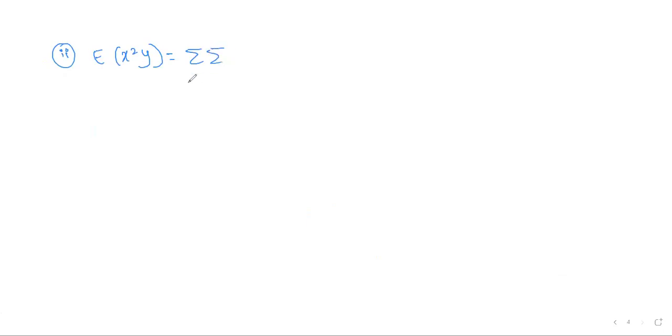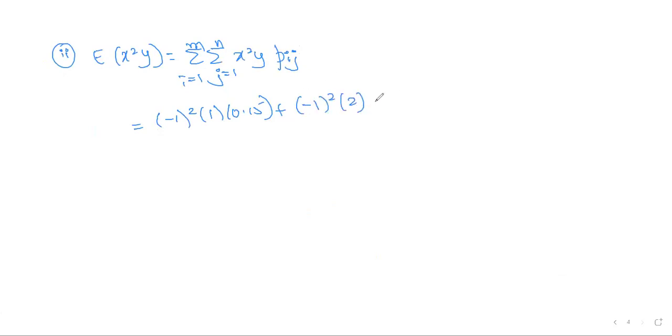This is the same formula, i running from 1 to m, j running from 1 to n, of x square y pij. Here we first fix the x value, that is minus 1, and go on changing the y values: minus 1 square into 1 with probability 0.15, plus minus 1 square and y is 2 with probability 0.1, plus x fixed multiplied by y with probability 0.2.